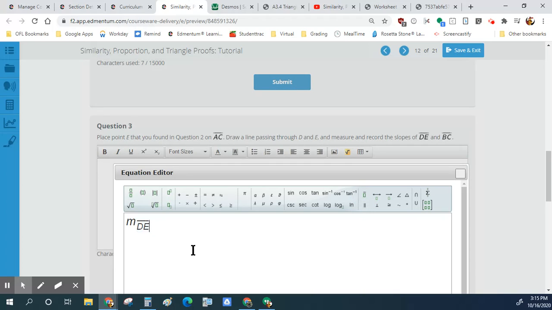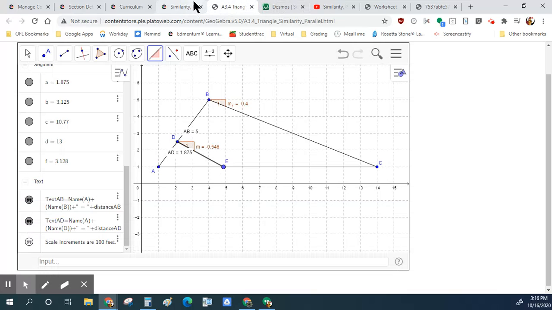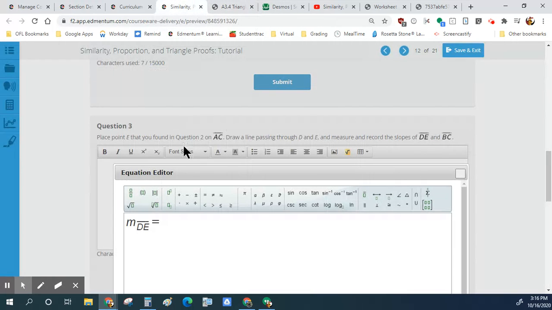So the slope of this line is going to be equal to negative 0.546.